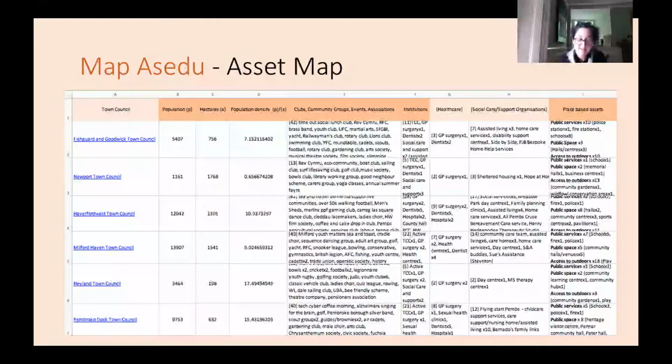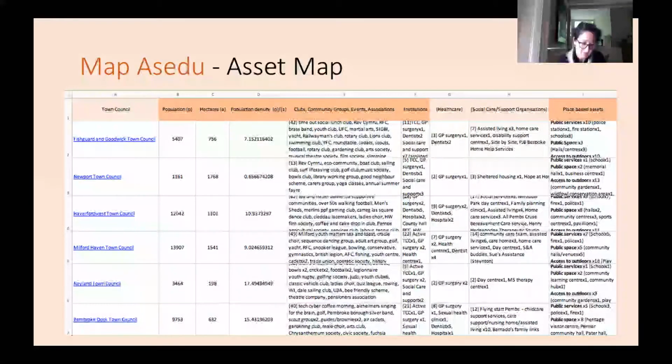Some case selection and the asset map. This slide shows a snapshot of the asset mapping work, in this case, the work for town councils. The contents of the table have been simplified for the purposes of this presentation. Down the left-hand side are listed the town councils.